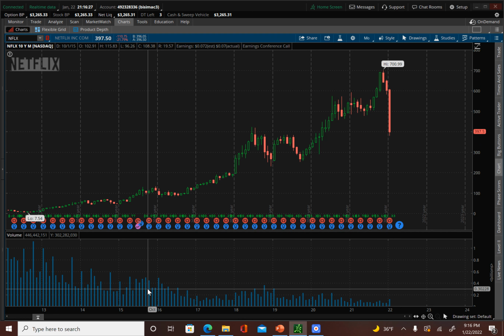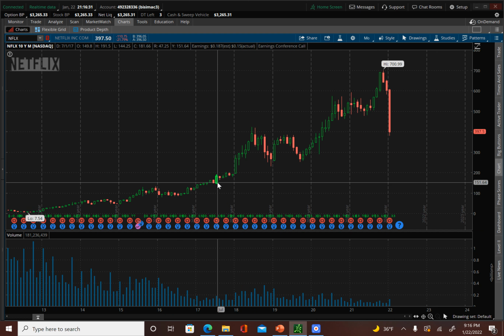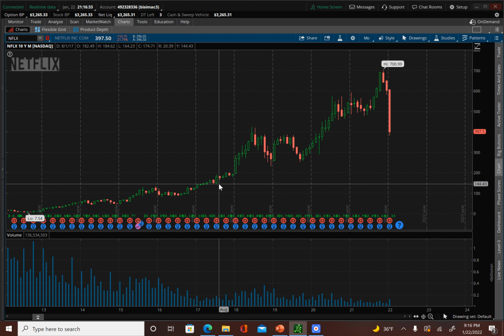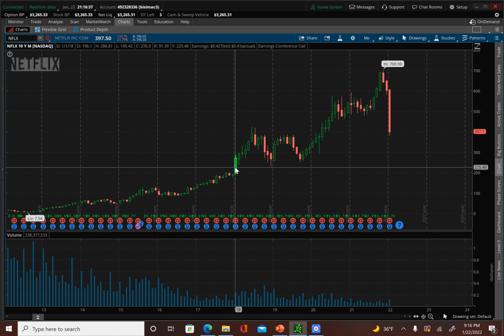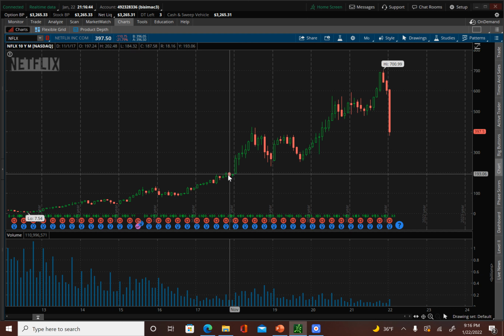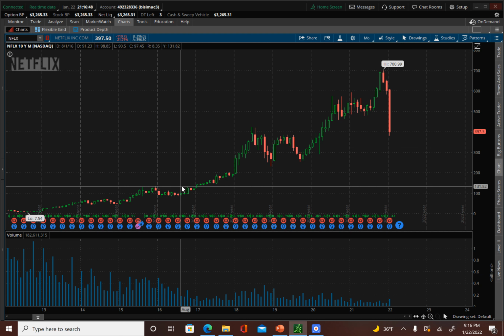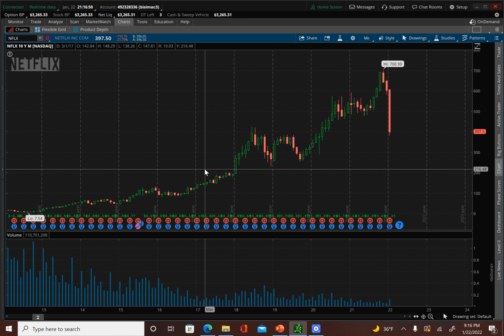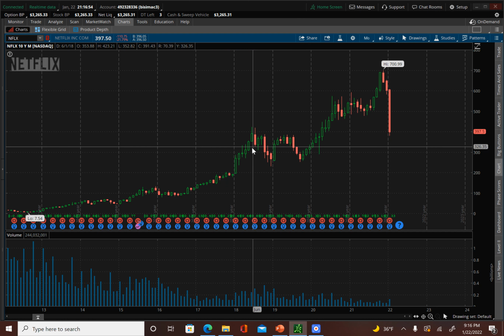Now the key here is, is the volume higher when there's buying going on, or is the volume higher when there's selling going on? So as long as I'm getting higher average volume on my green days than I am on my red days or my red months or my red weeks, whatever the case may be, then that means I can have a significant amount of confidence that I'm still going to continue in my markup.